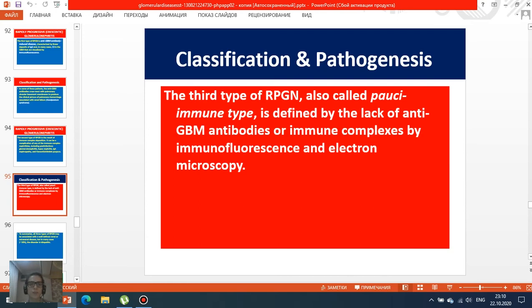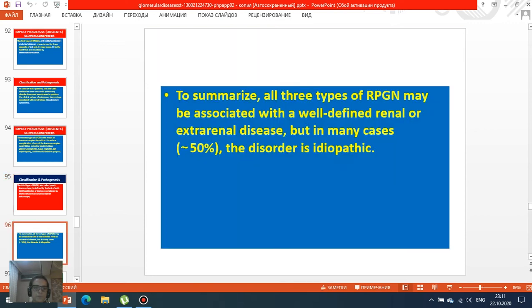The third type of rapidly progressive glomerulonephritis, also called pauci-immune type, is defined by the lack of anti-GBM antibodies or immune complexes by immunofluorescence and electron microscopy. To summarize, all three types of rapidly progressive glomerulonephritis may be associated with a well-defined renal or extrarenal disease, but in many cases, about 50%, the disorder is idiopathic.